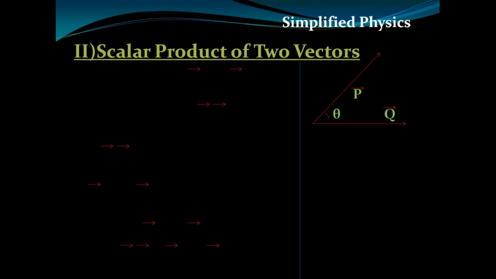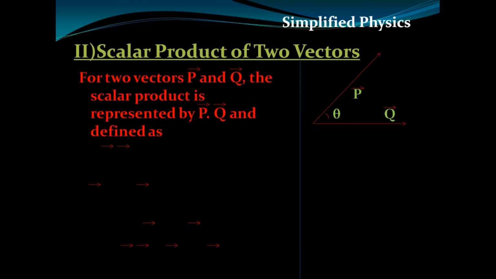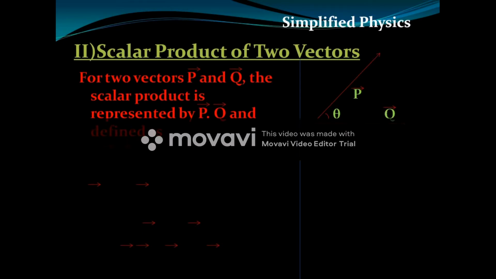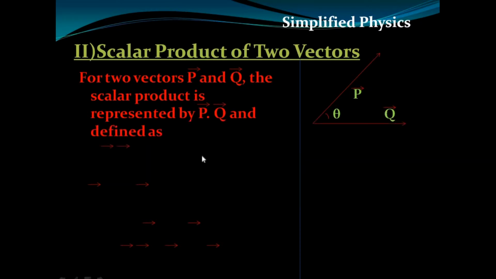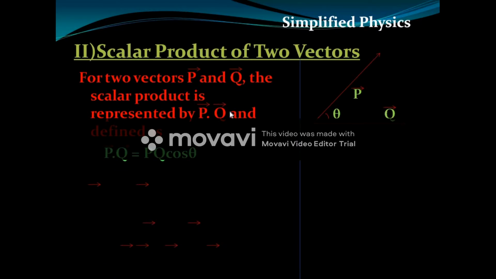Let's begin a very important topic, scalar product of two vectors. For two vectors p vector and q vector, the scalar product is represented by p vector dot q vector, read as p vector dot q vector, and is defined simply as p vector dot q vector equals pq cos theta.